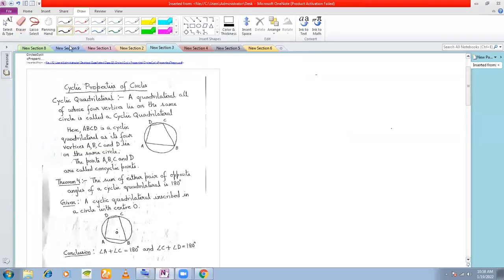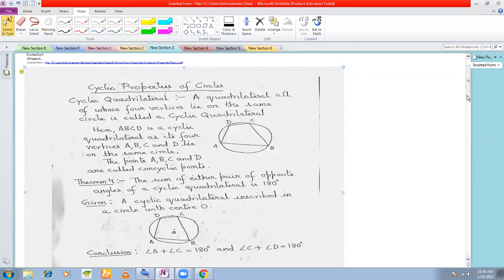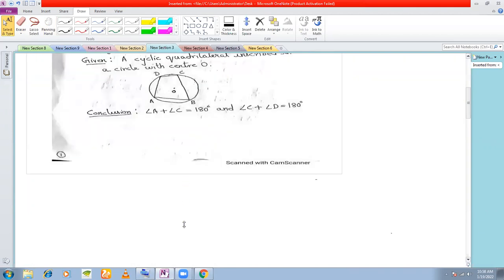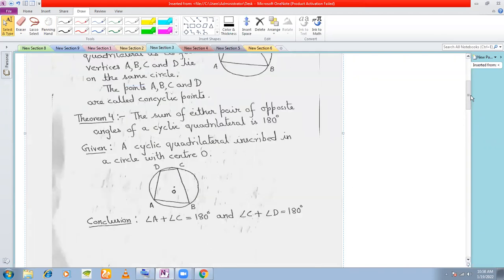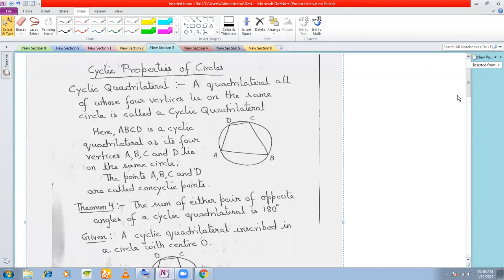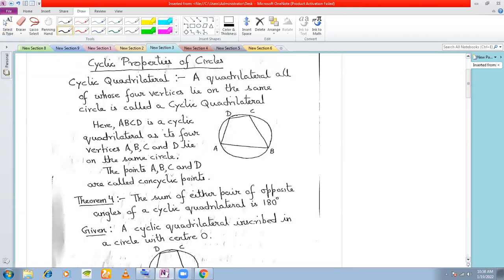So what is meant by a cyclic quadrilateral first of all? Now, if you see in the figure, let me make this a little bigger so that you are able to see this clearly. Now, in this figure, ABCD is a quadrilateral whose vertices are lying on the circle, right?